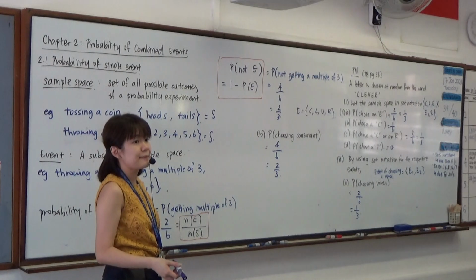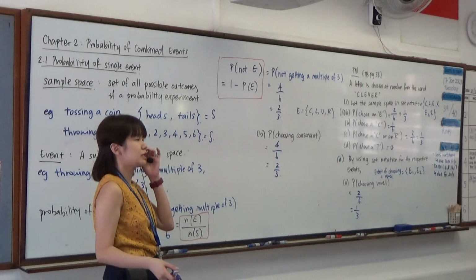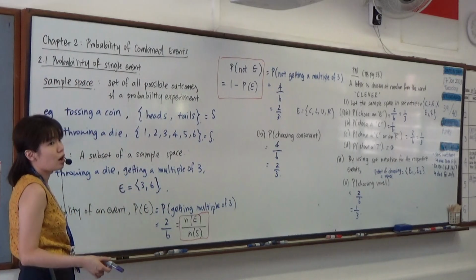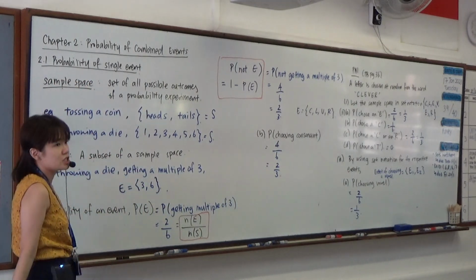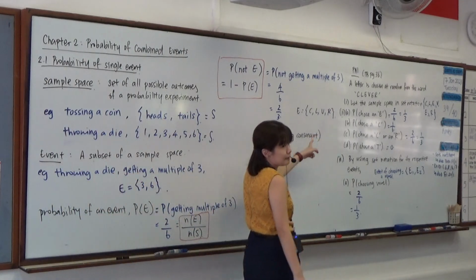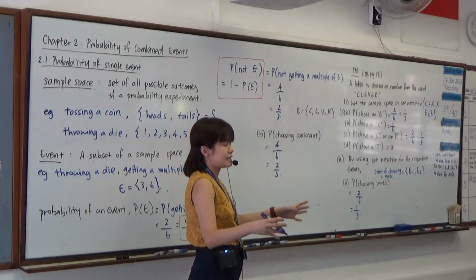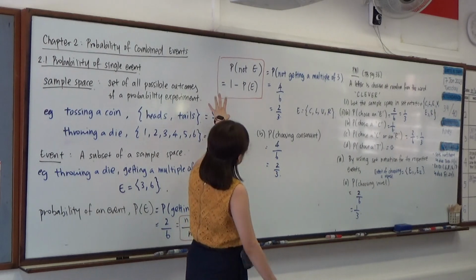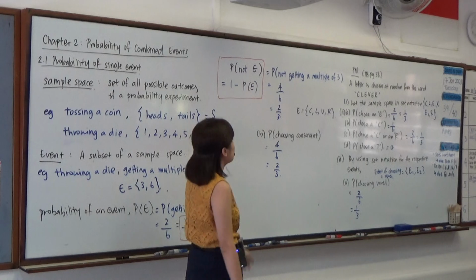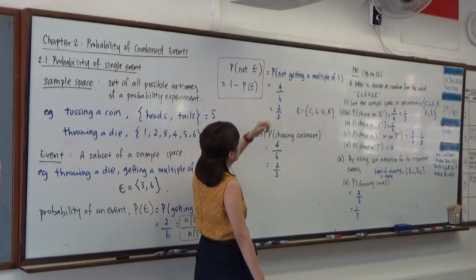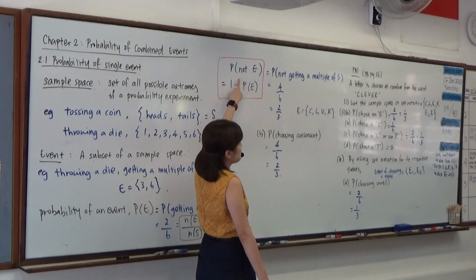We know that sometimes it's not possible, especially when we are going to further this idea of probability into combined events in this particular chapter. You will find that it may not be efficient to always do counting. Later on when we reach that stage, I'll show it to you. So what we can do is to adopt the idea about how we have 1 minus the probability of the event, to find out what is the complement.